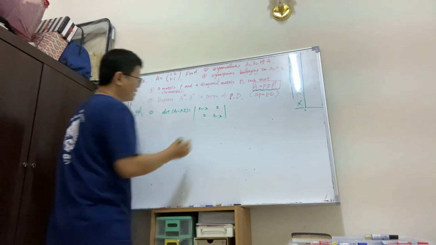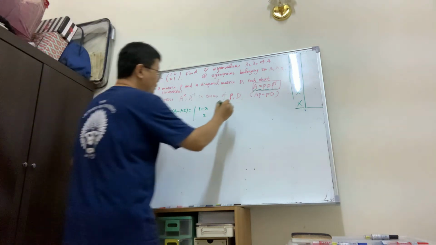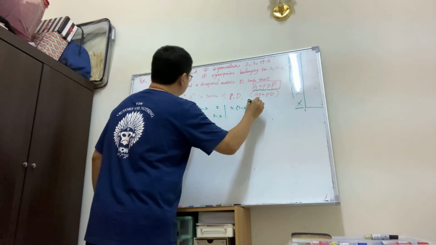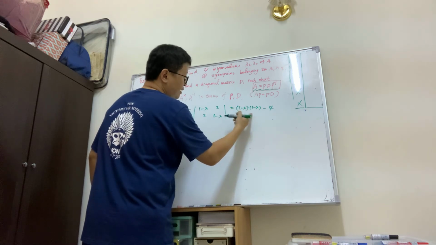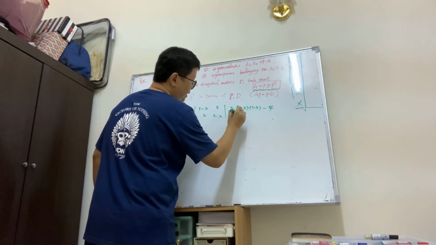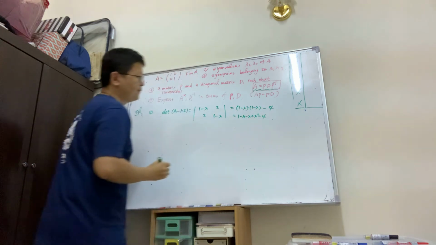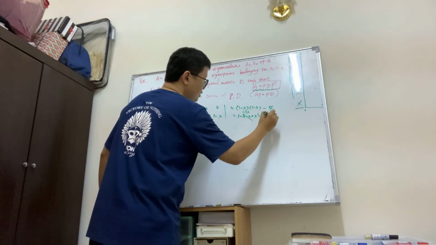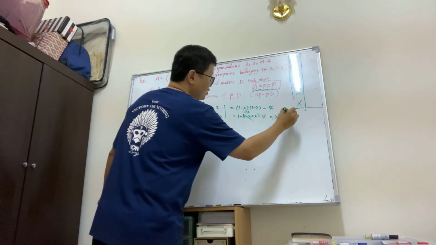Its determinant is (1 subtract lambda) times (1 subtract lambda), subtract 2 times 2, which is 4. So it becomes lambda squared subtract 2 lambda plus 1 subtract 4, so it's subtract 3.